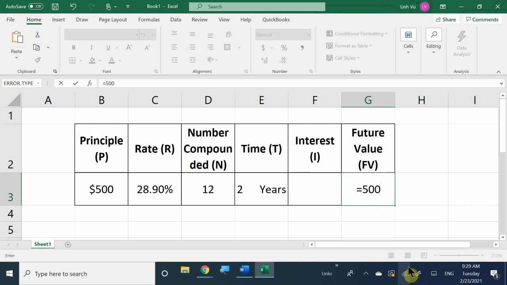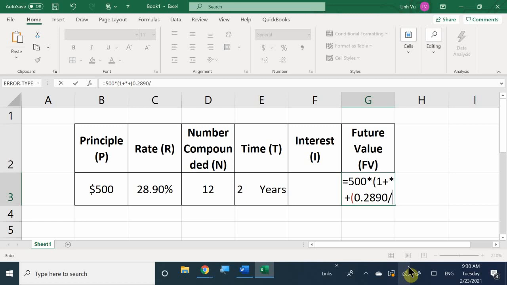Principal. Anybody? Yeah, I can read it. Principal times 1 plus, we have to make a rate. Okay, what's my rate? 28.9%. So 0.289. Okay.